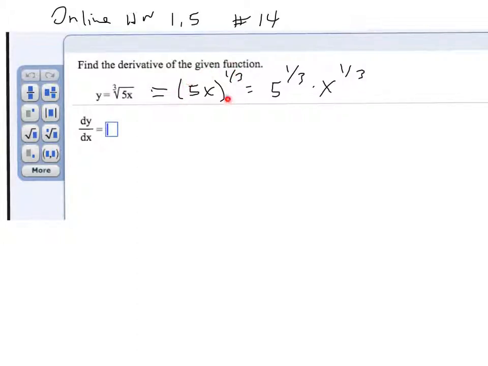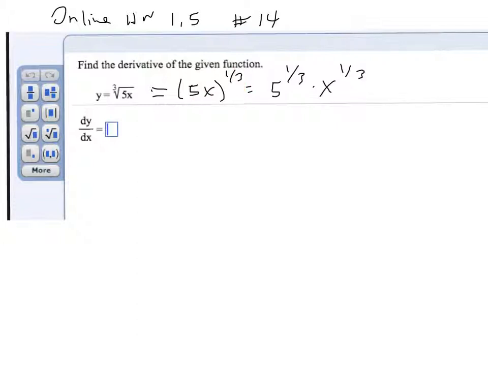This guy, when you say it's the cube root of 5x, that means when you multiply this times itself 3 times, you're going to get 5x, right? So the cube root is whatever you would have to multiply by itself 3 times in order to get that number. So the cube root of 5x means you multiply this by itself 3 times, and you will get 5x.